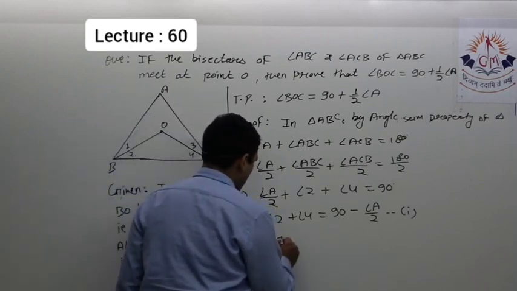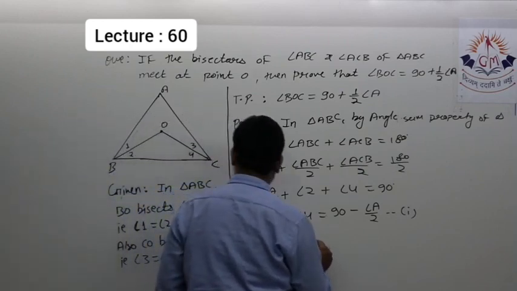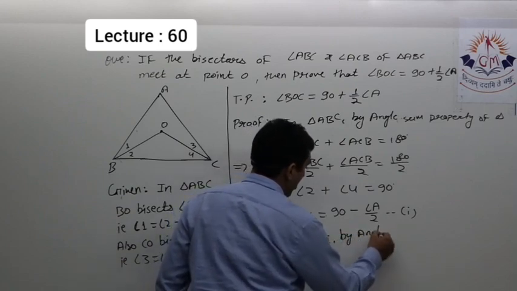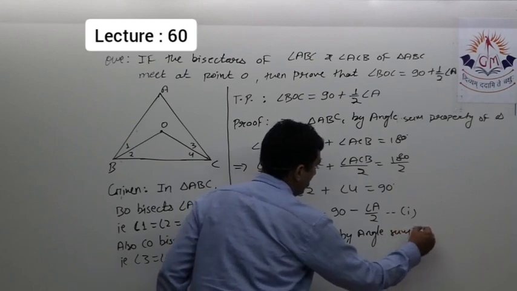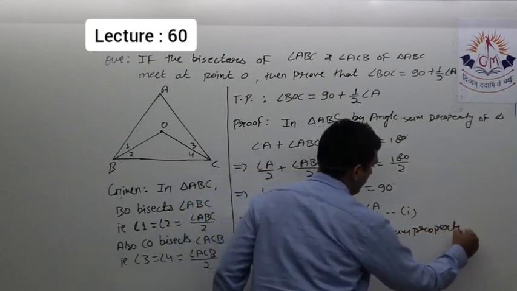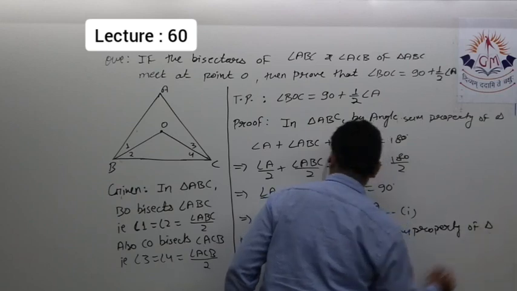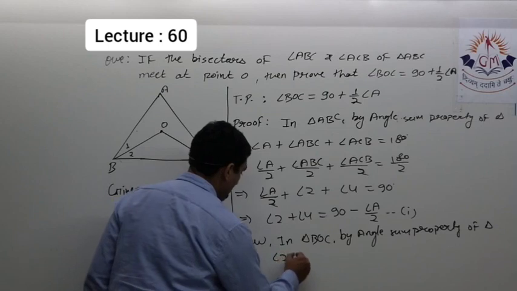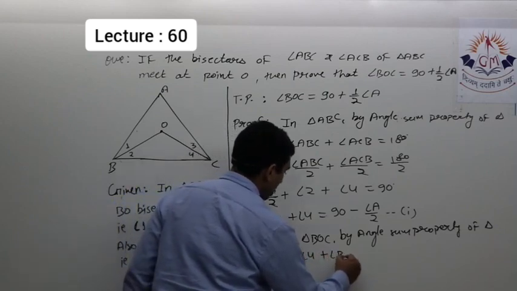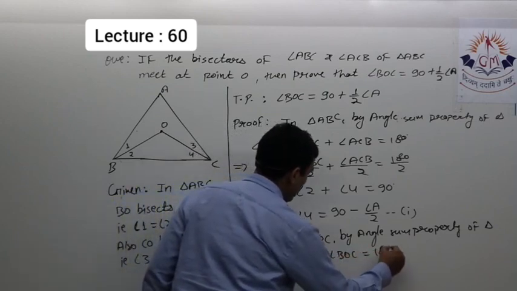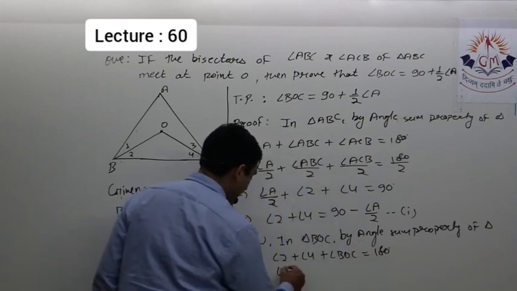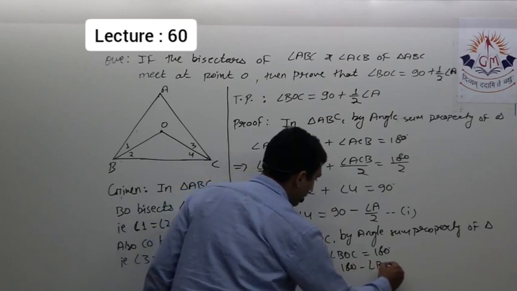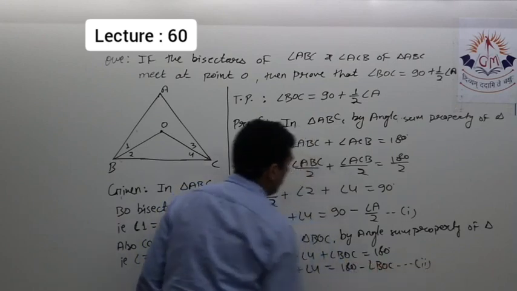So now in triangle BOC, again by angle sum property of triangle, I can write angle 2 plus angle 4 plus angle BOC is equal to 180 degree, which gives me angle 2 plus angle 4 is equal to 180 minus angle BOC. Let this be the second one.